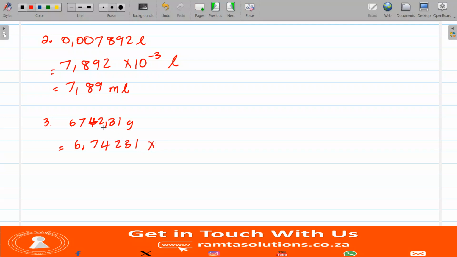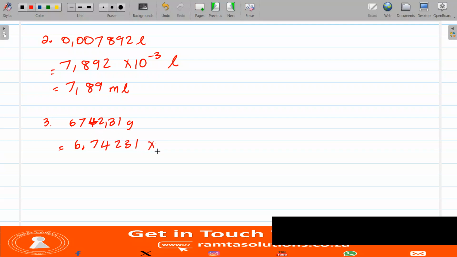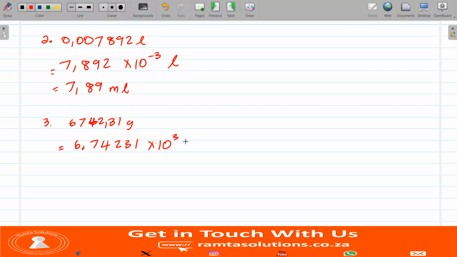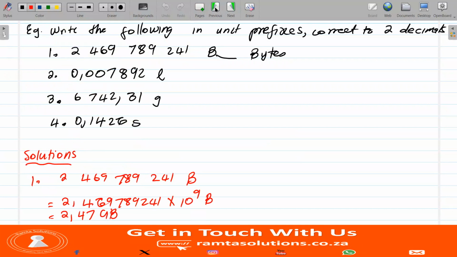How many places did we move? 1, 2, 3, times 10 to the 3 grams. What is 10 to the power 3? It corresponds to kilo. So this is, correct to 2 decimal places, 6.74 kilograms. Perfect.